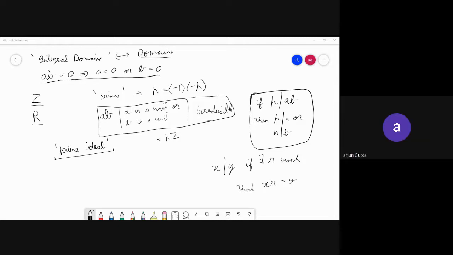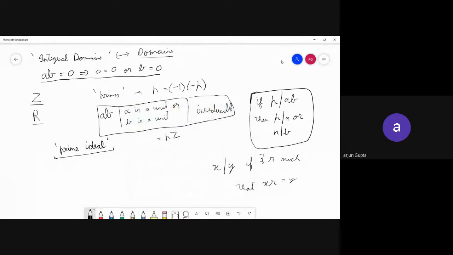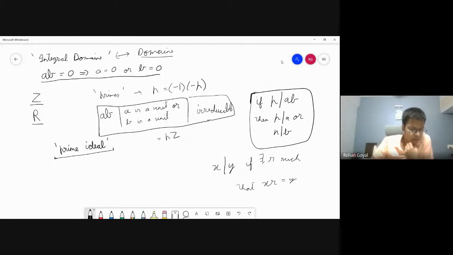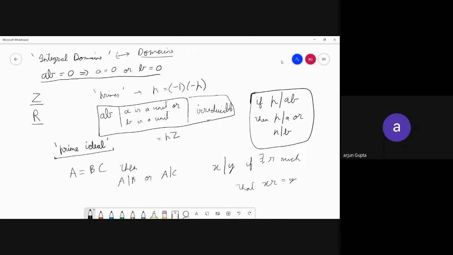Like there exists some other element, like I say, A divides B if there exists a C such that AC equal B. So you're saying A equal BC, then A divides B or A divides C. If A says that, then maybe we can call it a prime ideal.